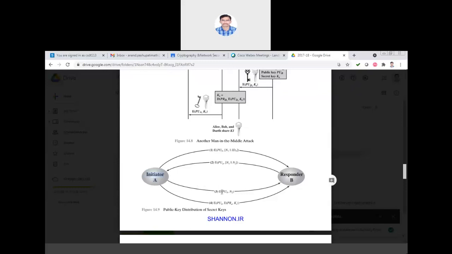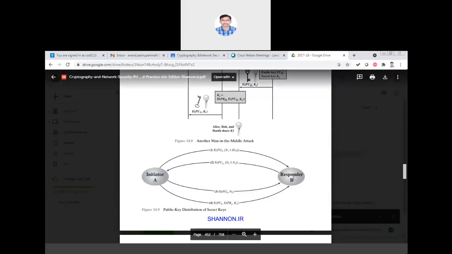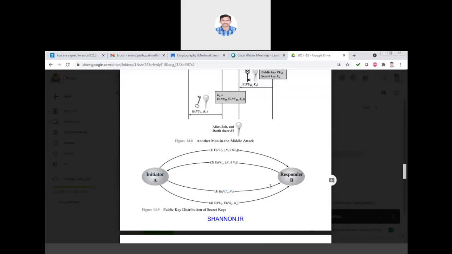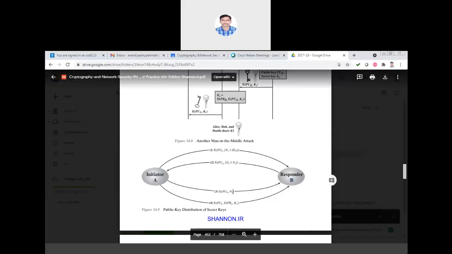Now what is that? A is encrypting N2. What is N2? N2 is sent by B. A encrypts that N2 using B's public key. Now B can decrypt this using his own private key and gets his N2 back.